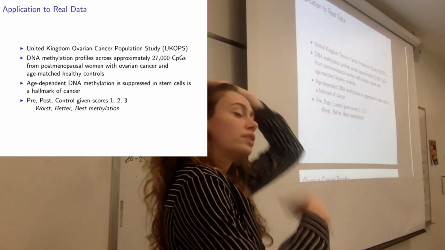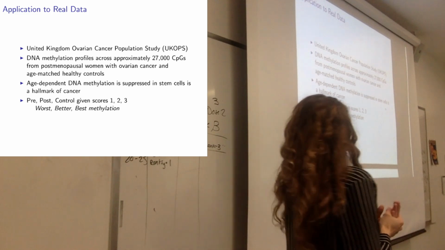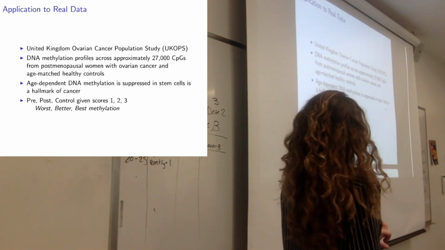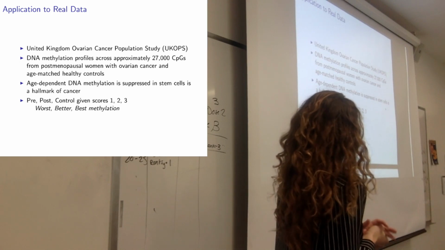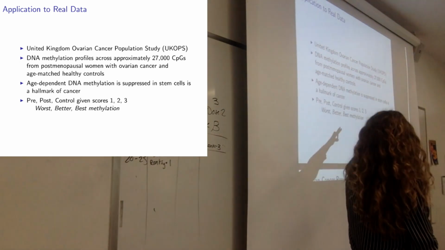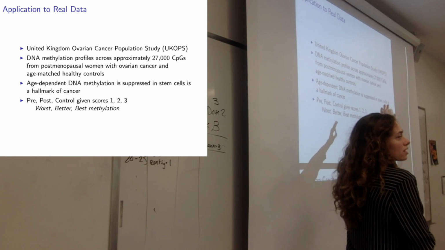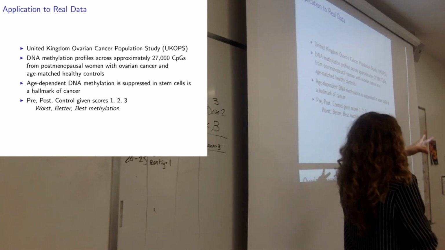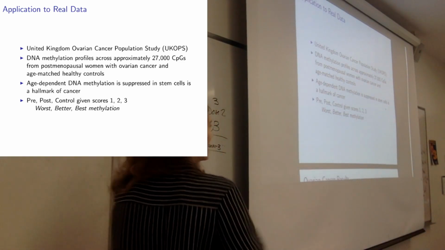So now if we go to real data, we're going to use the UK's ovarian cancer population study. It's DNA methylation profiles across all of these CpG sites. That just means the sites of methylation. Typically we call them CpG sites because, more biology, it's fun.